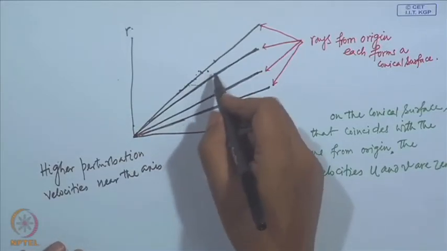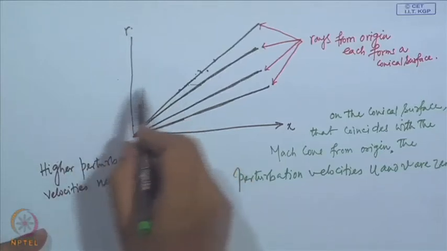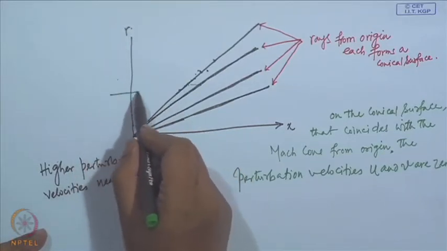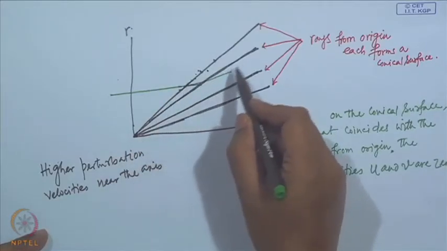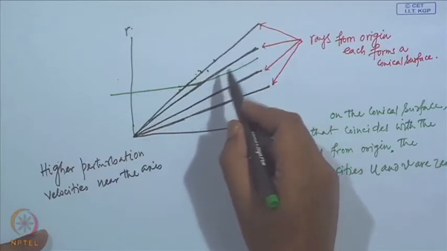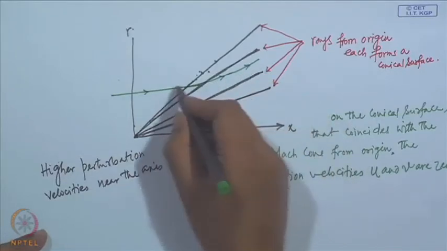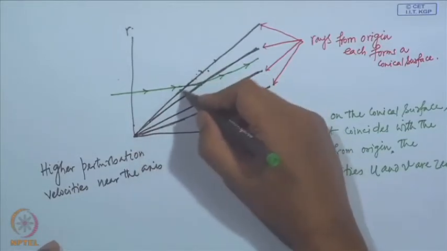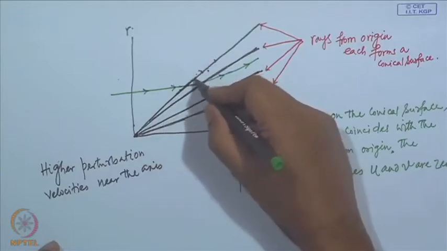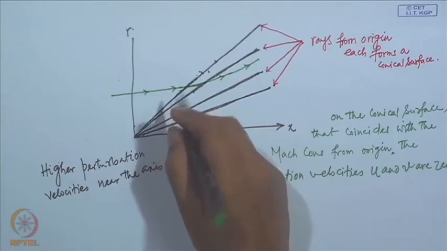So, it may happen that, let us consider first of all one, let us say this cone. This represents the Mach cone as well. Consequently, there is no perturbation on this line, however, on this line there are perturbations, and let us say the perturbation velocities are along this direction.